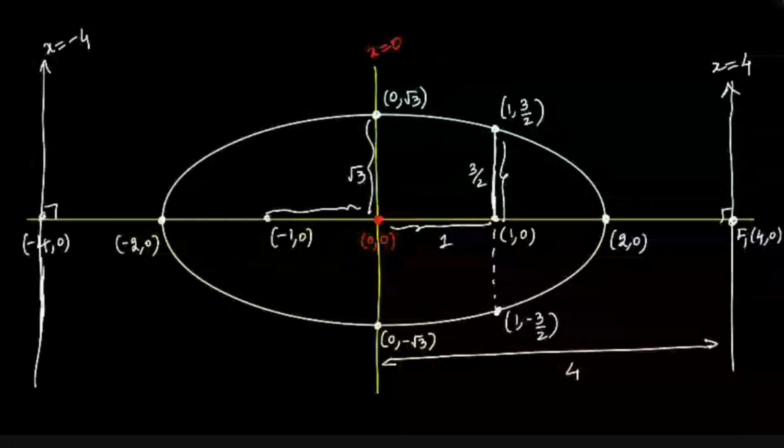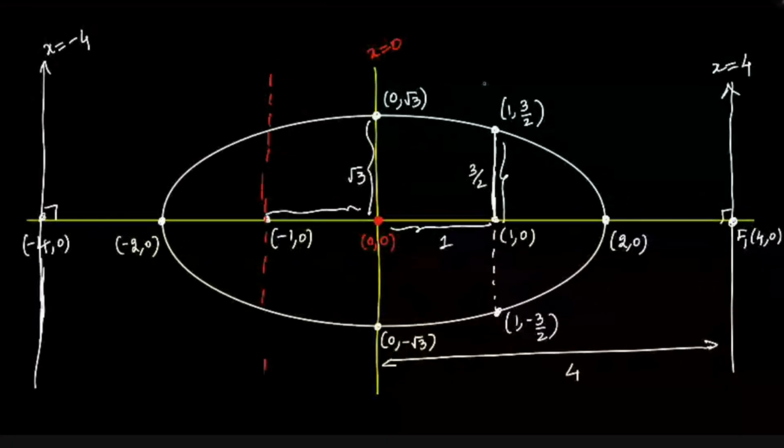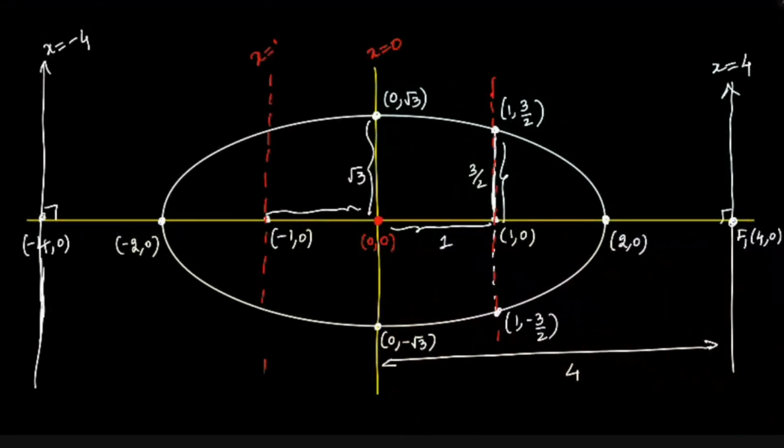All right, so what about the equation of the latus rectum? What about the equation of this line and of this line? x equal to 1, x equal to 1. What about the tangent at the vertices?